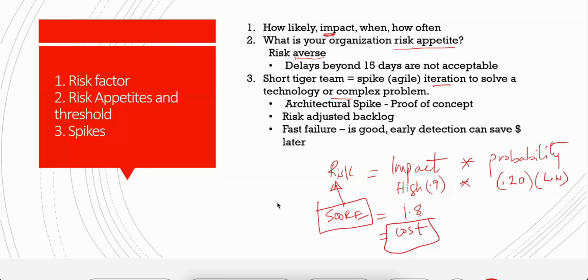So let's say you're trying to deploy a technology. Before you deploy the technology wholeheartedly, you want to do a spike, do a little bit of it to see if it's going to work or not. So that's what spike means. Do a small sprint to do a proof of concept.